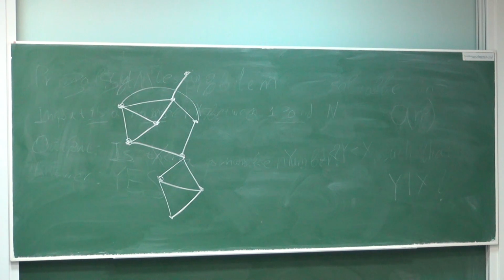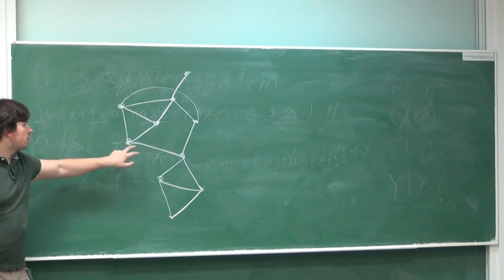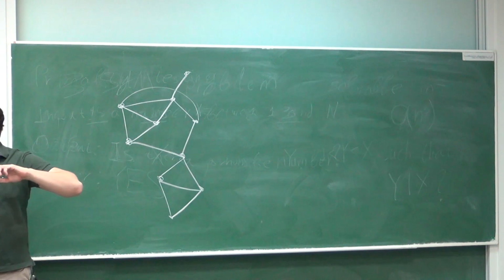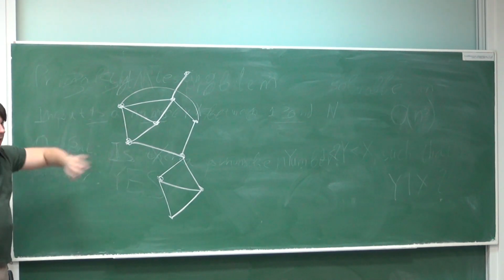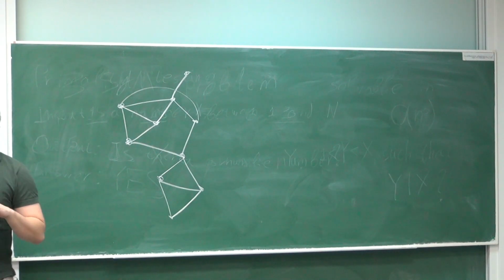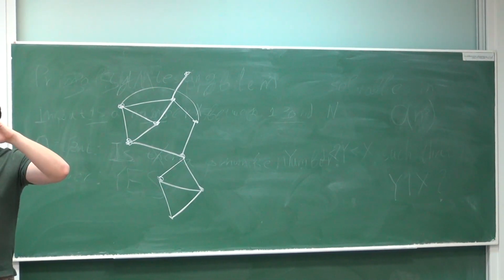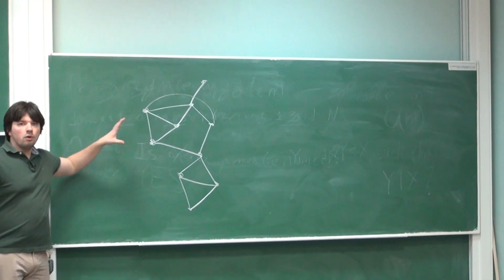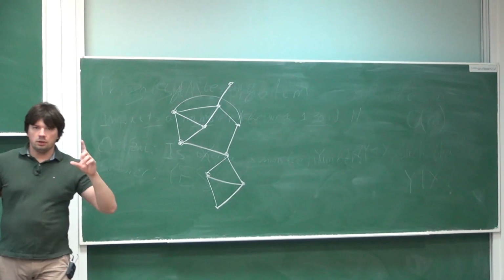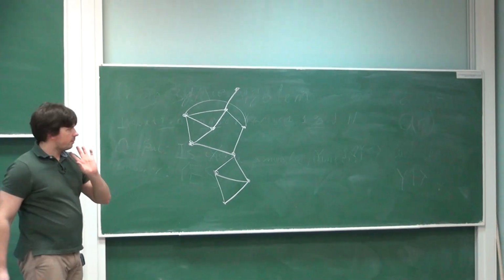And the question is, is this graph three-colorable? So can you assign a color to each node such that every edge is connecting two nodes with different colors? So there is no edge that connects nodes with the same color.